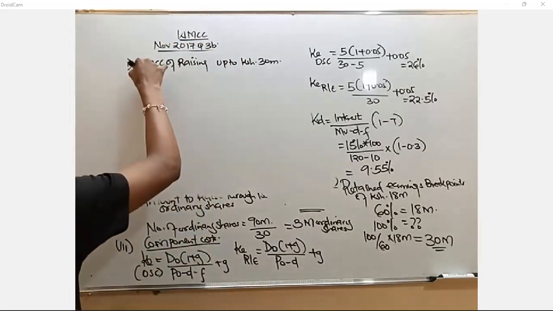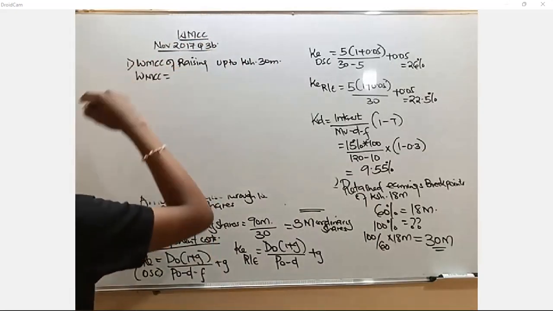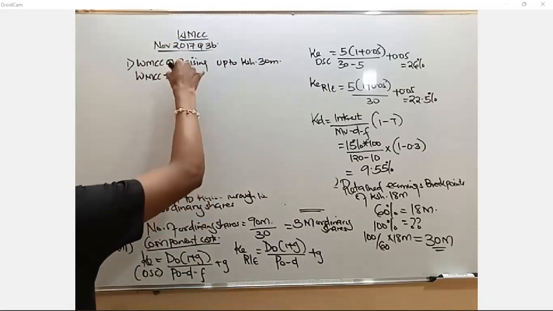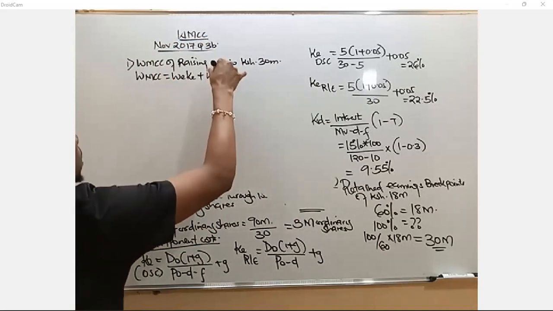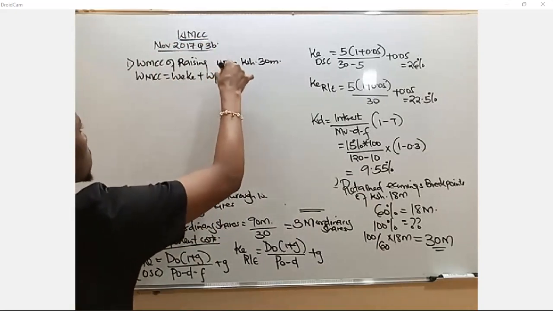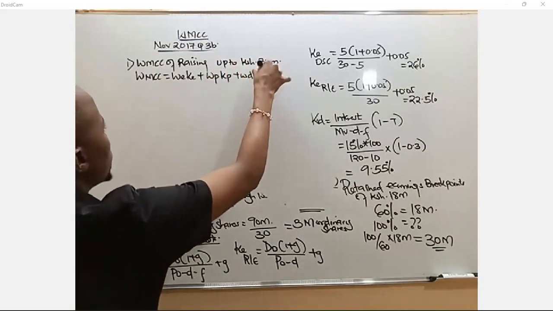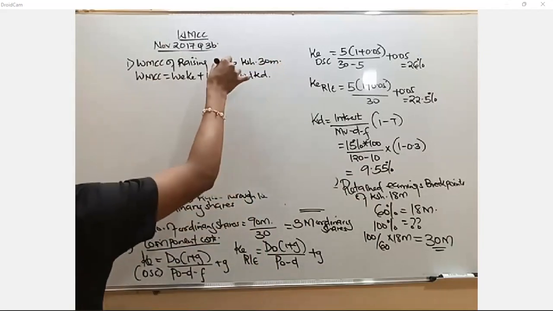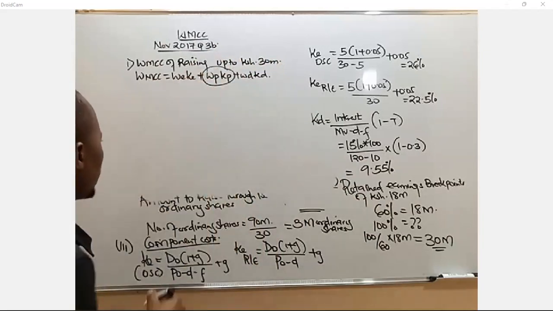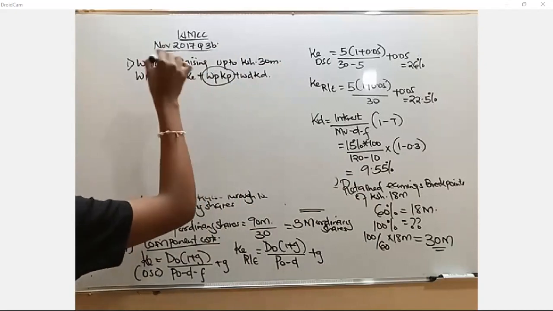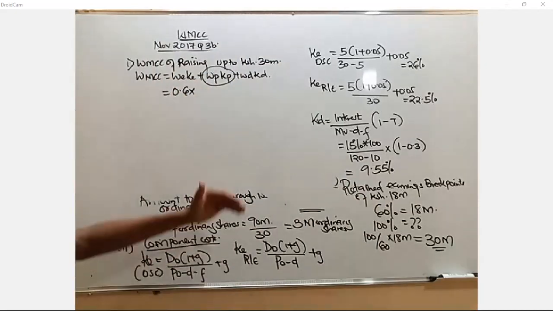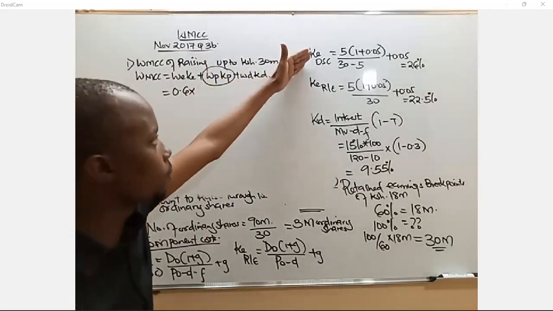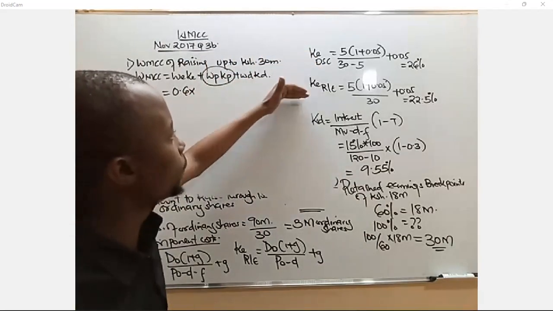To get WMCC, if all the costs of capital are available, we normally take the weight of equity times cost of equity, plus weight of preference times cost of preference, plus weight of debt times cost of debt. Because preference is not available, don't stress yourself. The weight of equity is 0.6. A student may ask, Mwalimu, are we going to use the cost of equity of the ordinary share capital or of the retained earnings?